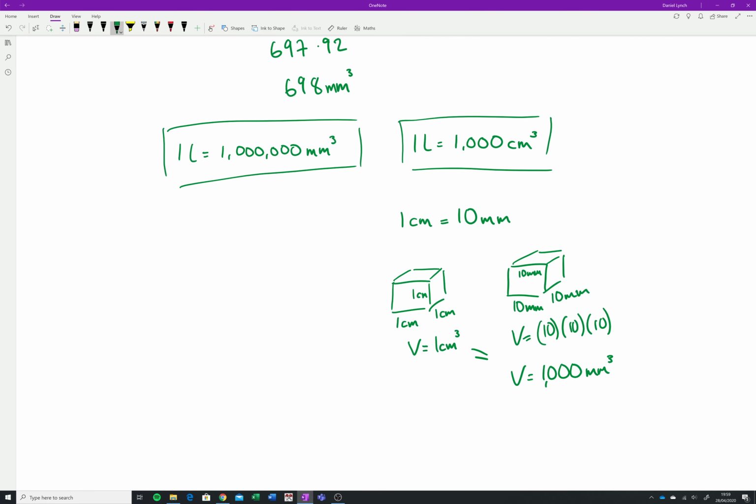They're the same. 1 centimeter cubed is actually 1,000 millimeters cubed. Why? Because you're multiplying by 10 for every centimeter there is, and there are 3 of them. When you go from centimeters to centimeters cubed, you're multiplying by 10, and by 10 again. So in our first one, it was just centimeters to millimeters, you multiply by 10.